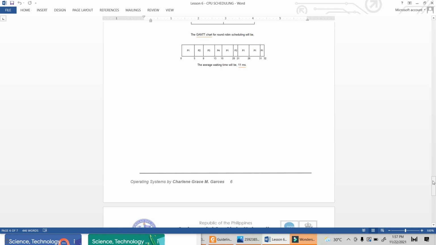So let's say you're typing your documentation in Microsoft Word, your thesis, and you are also listening to songs on a media player, and also surfing the net while typing in Microsoft Word in the background.